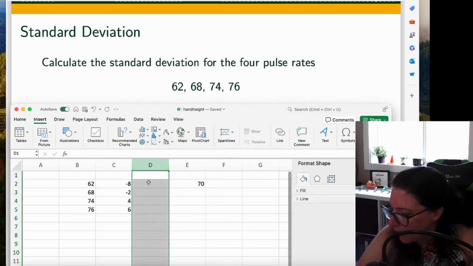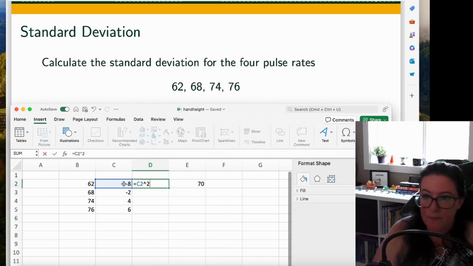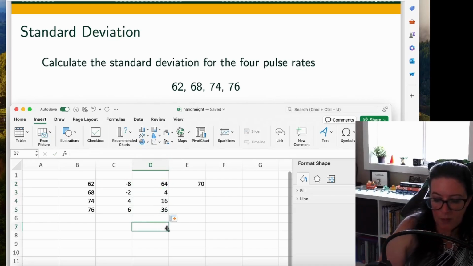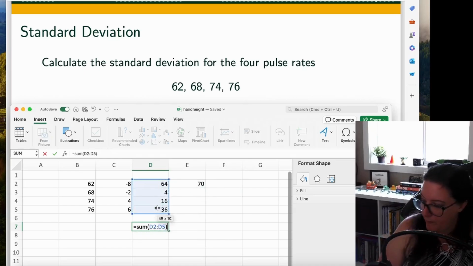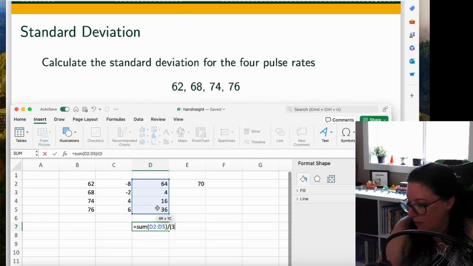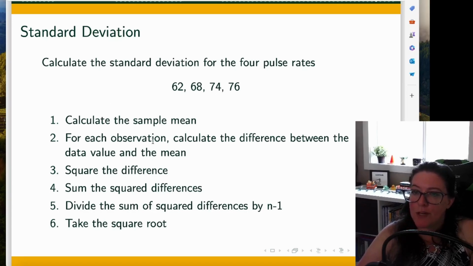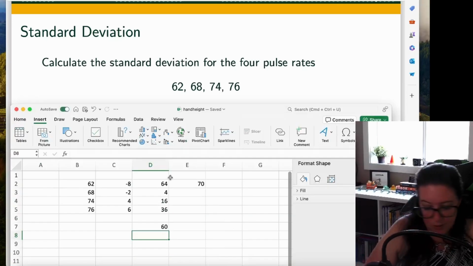Then we take that information and square it, then add it all up and divide by n minus 1. So calculate the sample mean. For each observation, calculate the difference between the data value and the mean, square the difference, sum them up, divide by n minus 1, and then the last thing you do is take the square root.